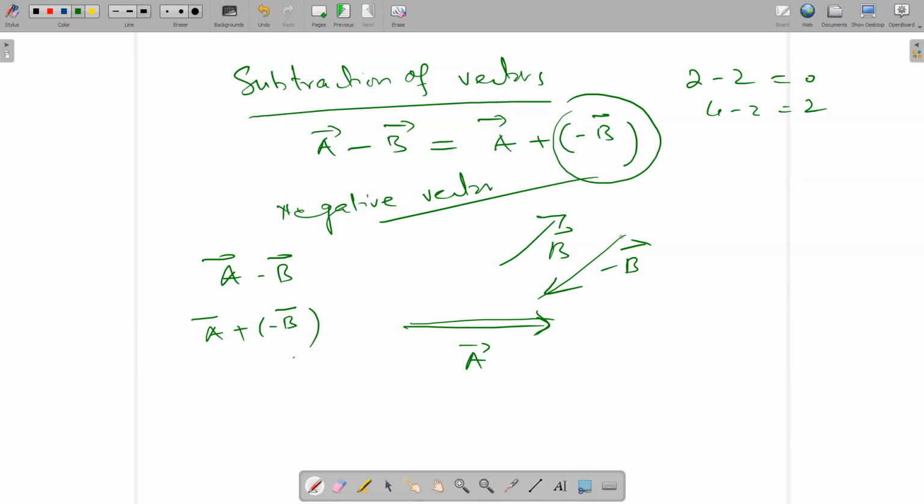So the tail of the second vector with the head of the first vector in this way. This is minus B. So this line will give you A minus B. So this is the subtraction of vectors. The important thing is we cannot subtract two vectors directly. First, we make the negative vector and then add it to the first vector. Clear?